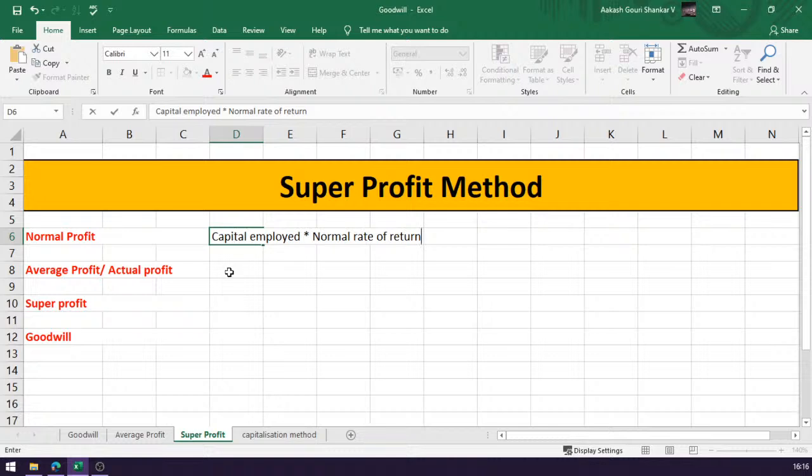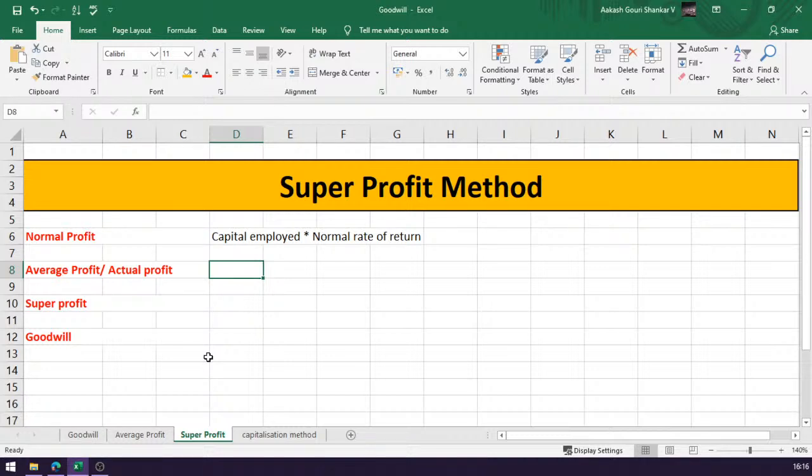And the second step is to find the average profit or the actual profit. The actual profit is nothing but the profit which we have earned in the current year. But in some cases, we need to find the average profit. Like in the previous discussion, we find the average profit, which is the sum of all the year profit divided by total number of years.